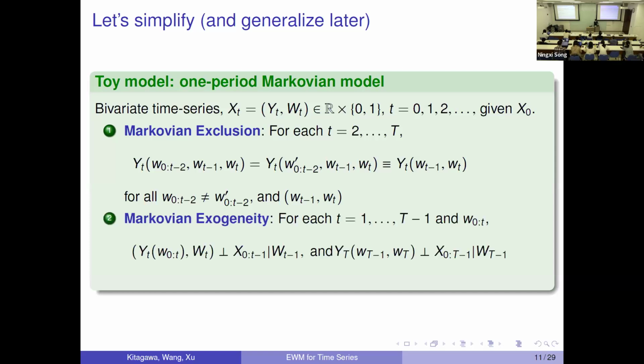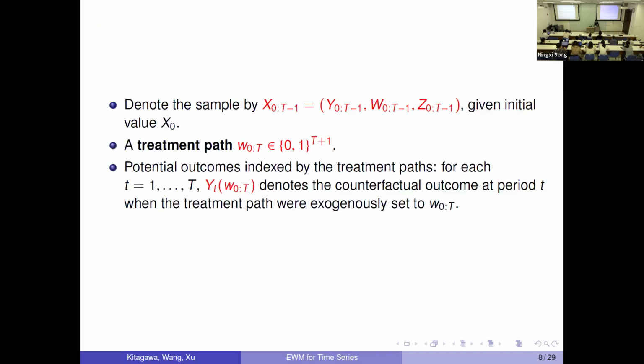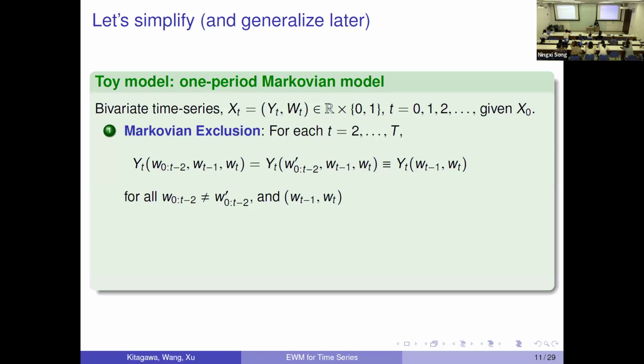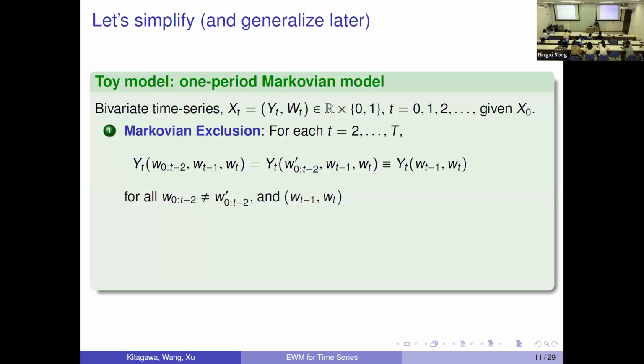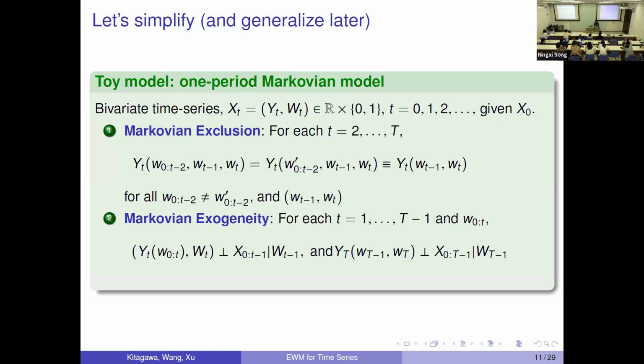This is our first simplification. The second one is the Markovian exogeneity, which basically says that once we condition on the last period's treatment, all the past history is no longer relevant. We do another type of truncation. In the general framework, every conditioning variable matters, but now, to simplify, we reduce the conditioning variable to simply W_{t-1}.